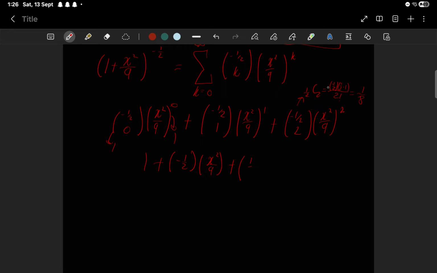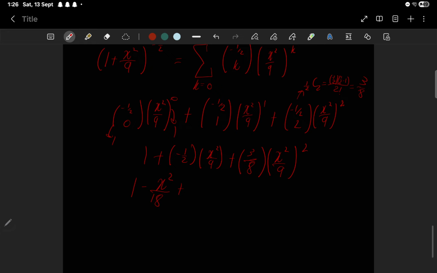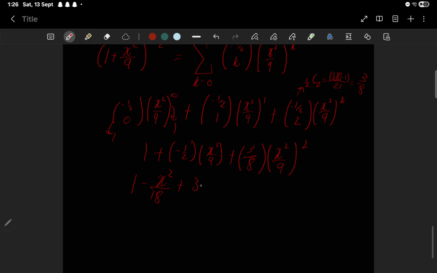Actually, no, it's going to be 3 over 8. So, no, this does make a difference. So it's going to be 3 over 8 into x squared over 9, all squared. So it's going to be 1 minus x squared over 18, plus 3x to the power of 4 over 8 times 81, which is 648.